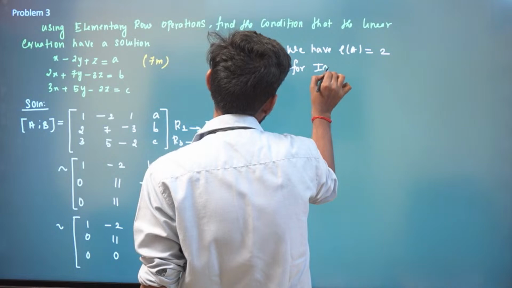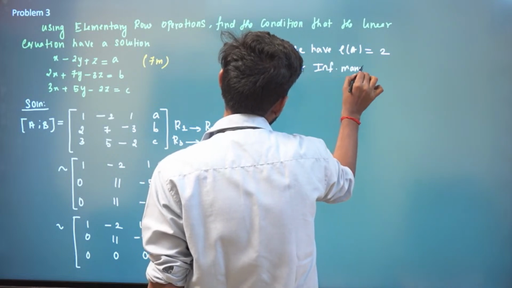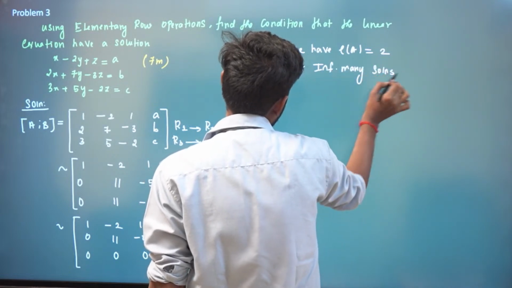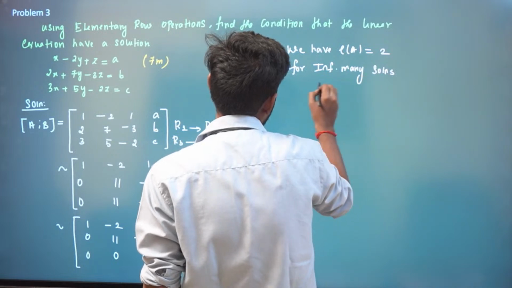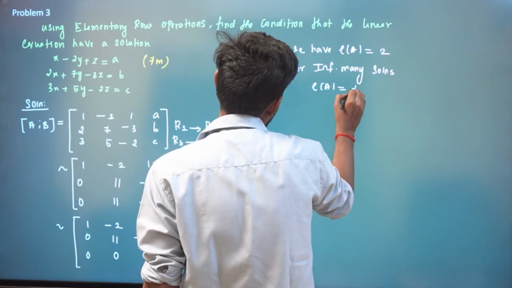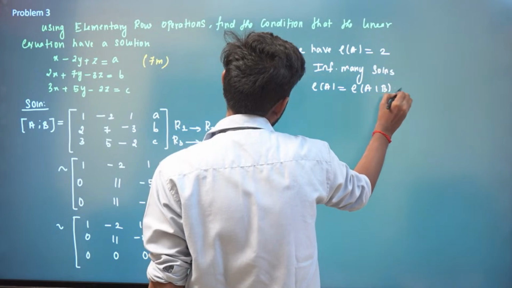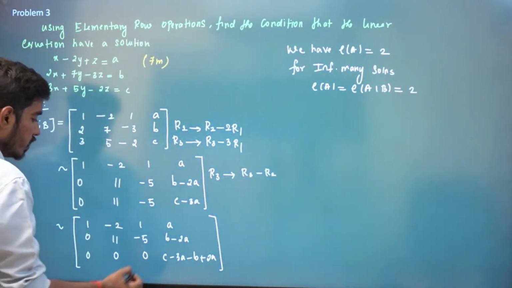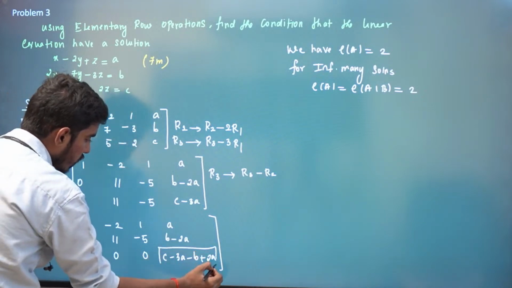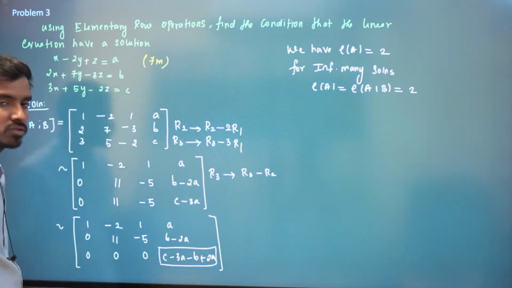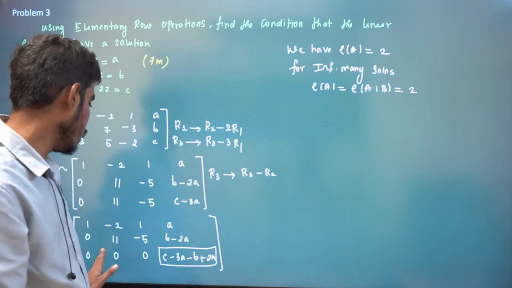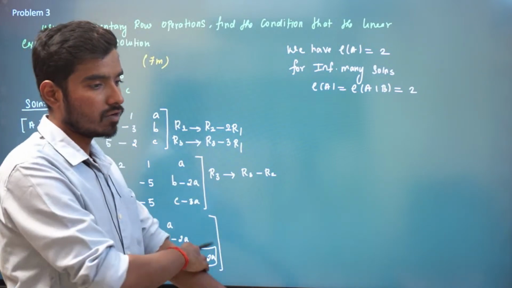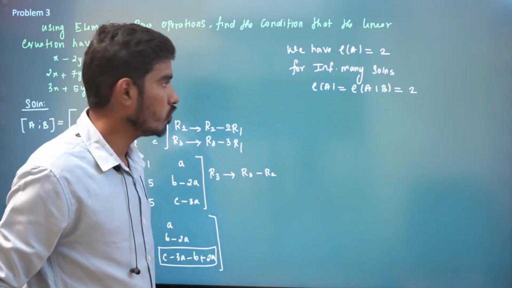For infinitely many solutions, rank of A and rank of A comma B both should be equal to 2, right? So for rank of A comma B to be equal to 2, this element has to be equal to 0. If this element is 0 only, then rank of A and rank of A comma B both are equal to 2.